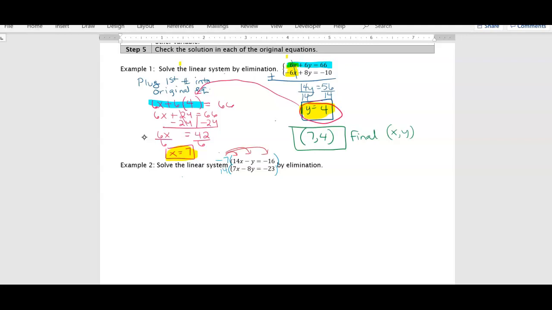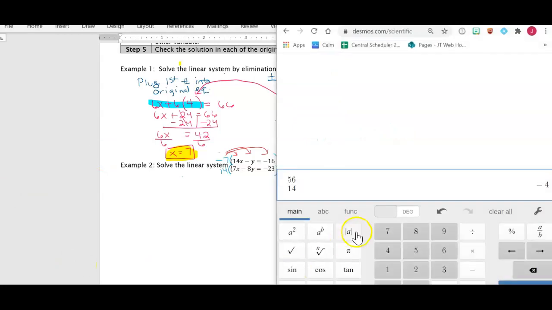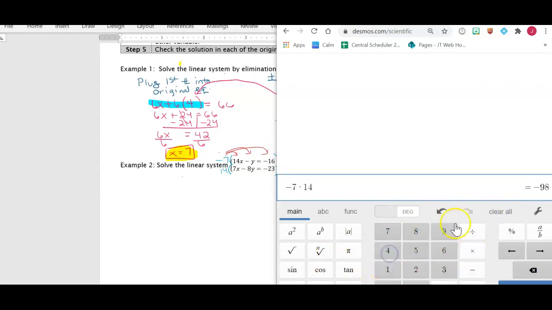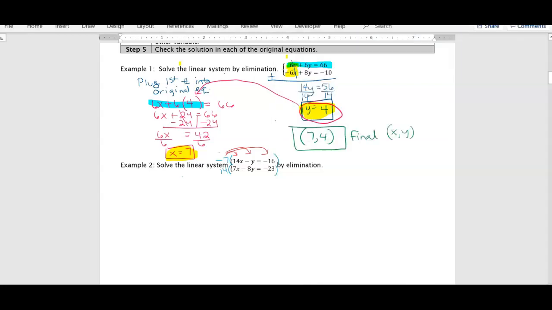And again, you know, the calculator will always be very helpful, so I'm going to pull the calculator up. And I'm going to put in -7 times 14 to figure out that it equals -98. So -98x, and then I do -7 times 1y.